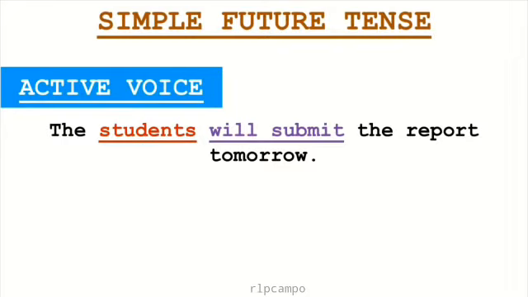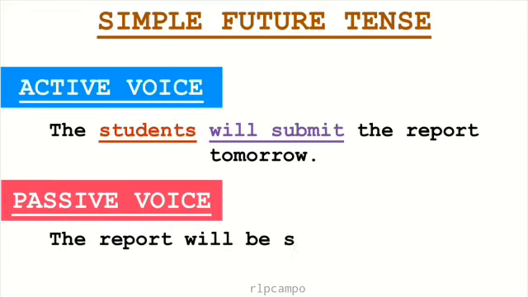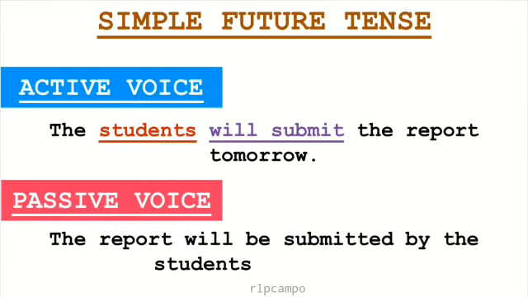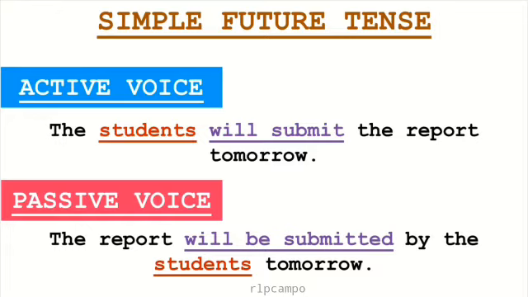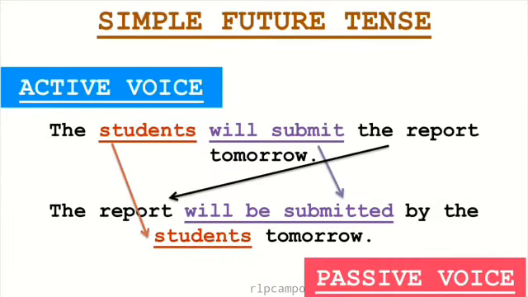The passive voice transformation is the report will be submitted by the students tomorrow. Observe the changes in the verb. The will is retained, added with be, and submit is changed into participle. That's why it became submitted. As again, observe the arrows.